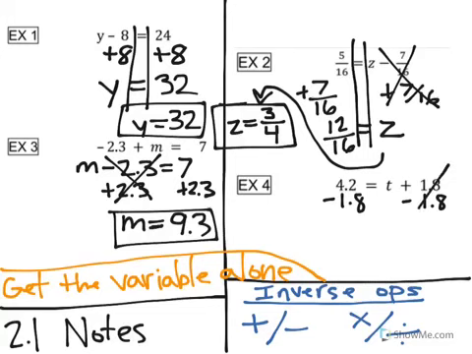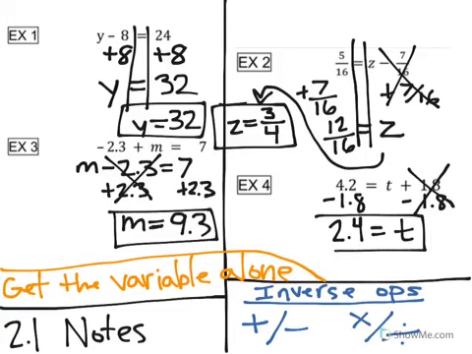So 1.8 minus 1.8 brings us back to 0. So those zero out. And we get t equals, well, we have 4.2 minus 1.8. And so that's going to give us 2.4. And if you're not sure about that, you can certainly put that in your calculator.